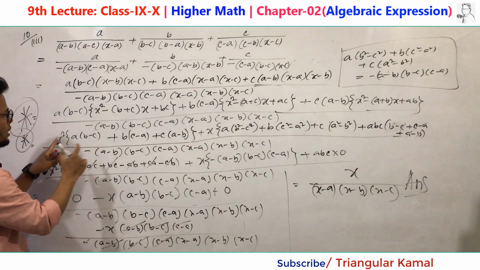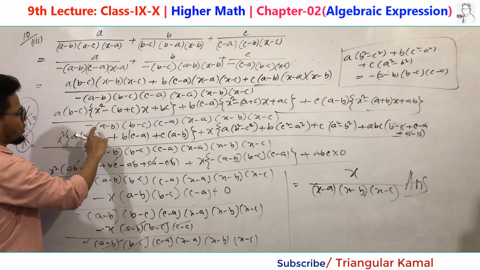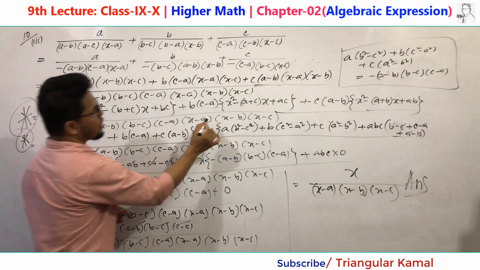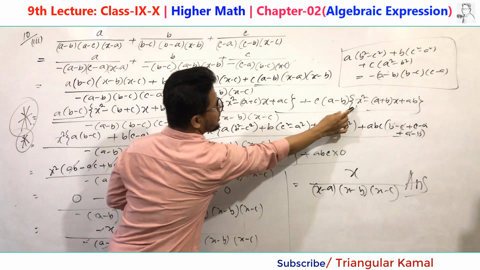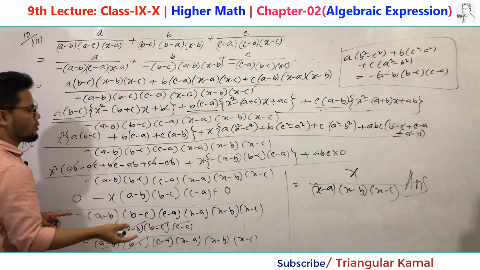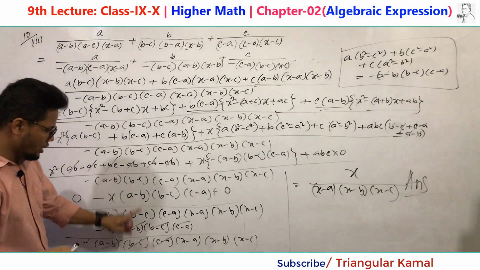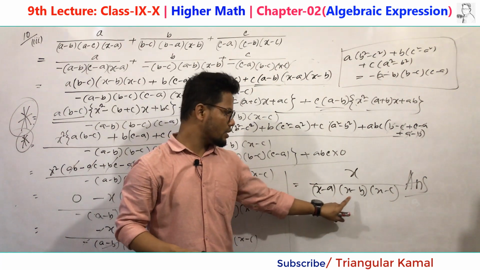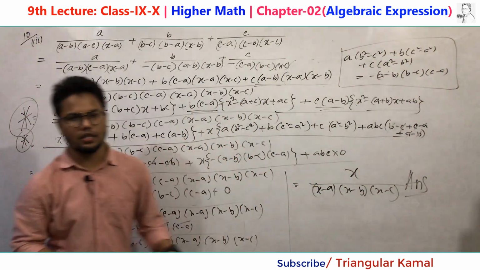So arrange all the coefficients of x square, this one, this one, and this one, and then the coefficient of x, then the constant part. After doing simple calculation, finally you will get the result x divided by x minus a, x minus b, x minus c.